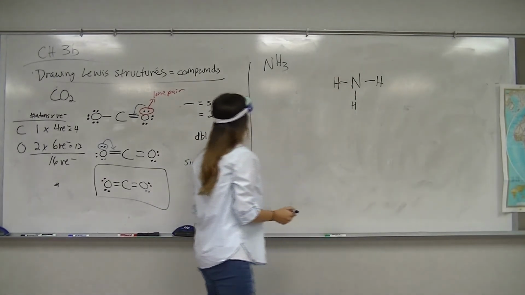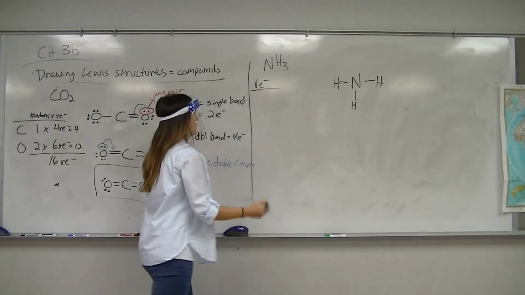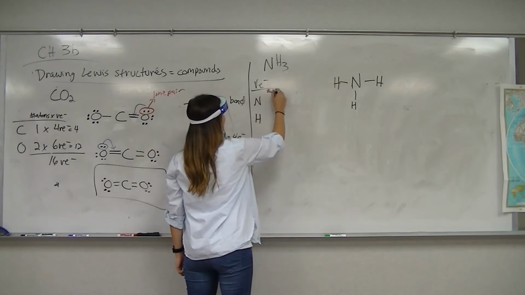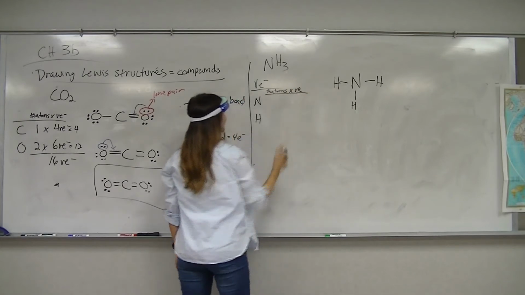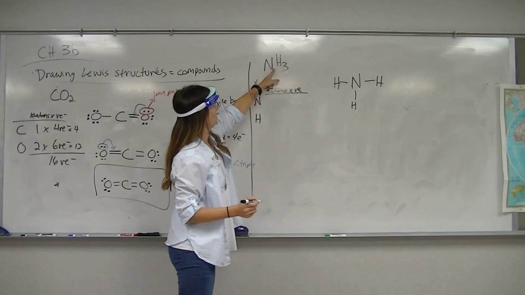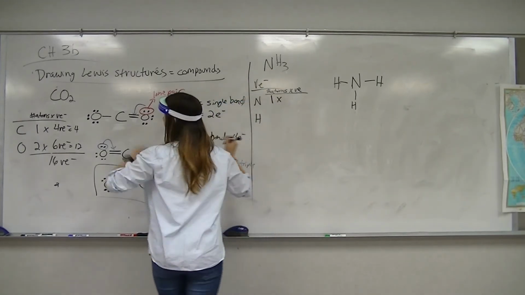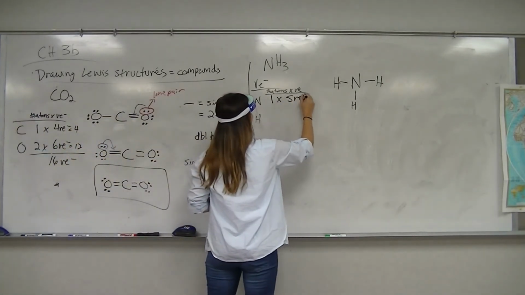All right, so let's count our valence electrons. We have nitrogen and hydrogen, and we need to know the number of atoms of each and the valence electrons of each. For the number of atoms, we look at the chemical formula. So nitrogen, just 1. For valence electrons, we look at the periodic table: 5 for nitrogen.